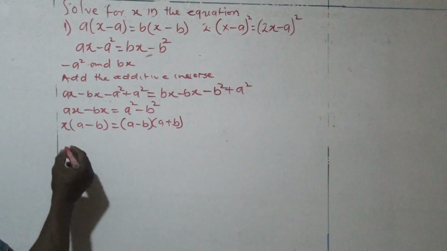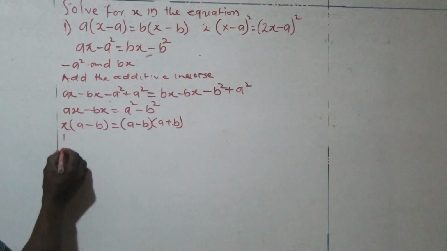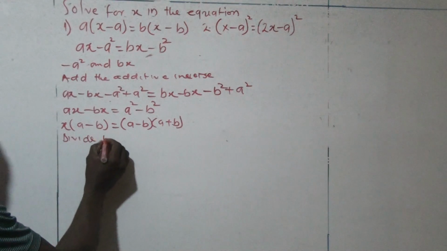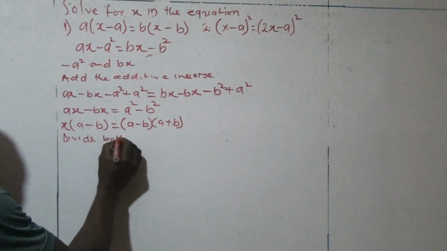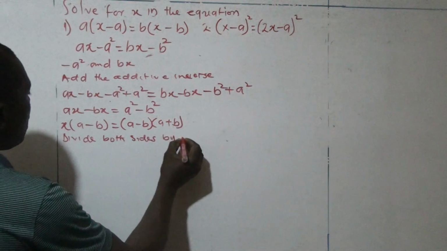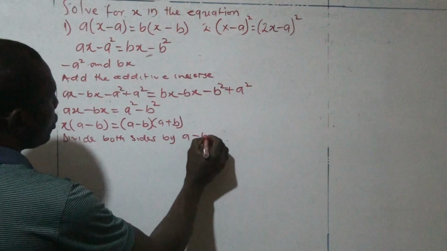The next step is we divide both sides. Because we are looking for x, divide both sides by a minus b.